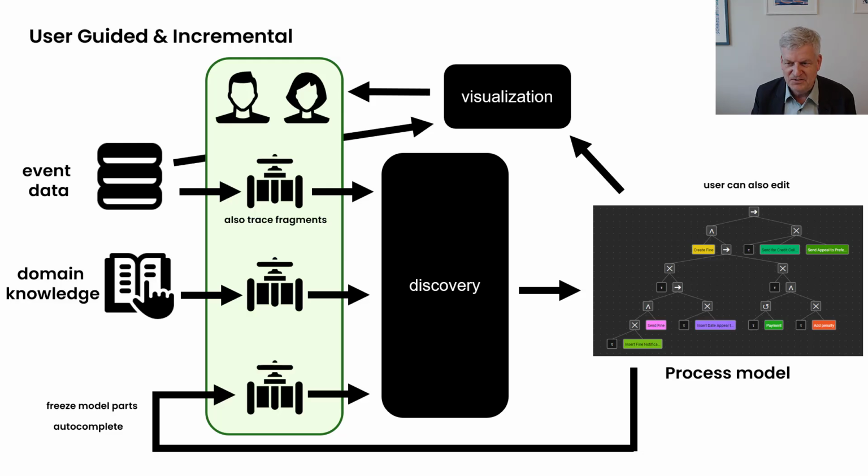Note that in Cortado, you can also edit your process model. So you can change the process model and then seek immediately the confrontation with the event data, see which parts of the event data are then conflicting with how you would like to see the model.